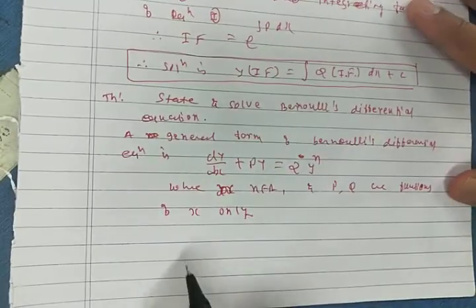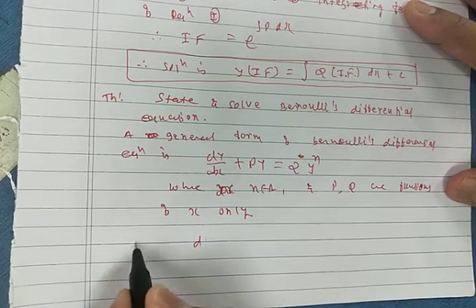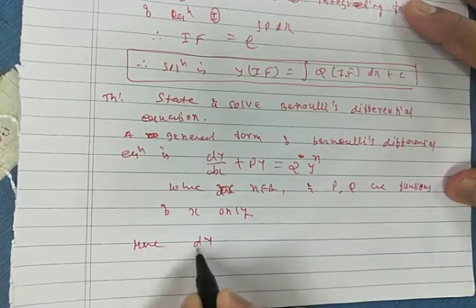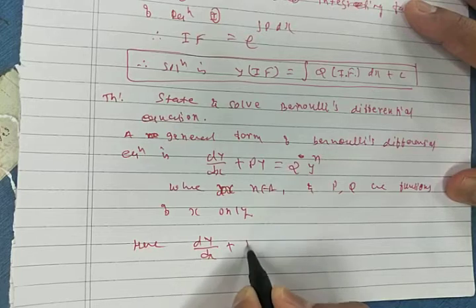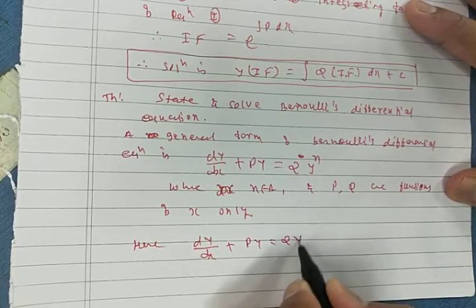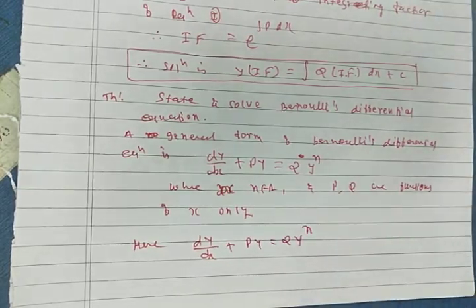Clear? So here dy by dx plus py is equal to qy raised to n is given.